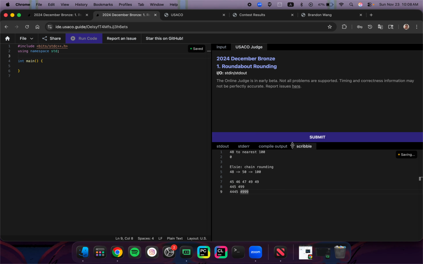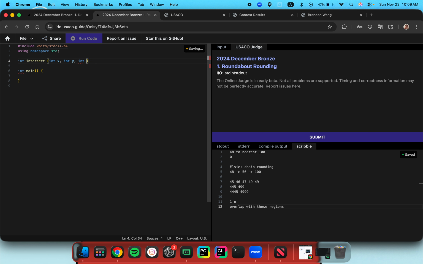So what we want to do is take 1 to n and find the overlap with the regions. Let's begin coding. First, let's create our overlap function, which is int intersect with int x, int y, int a, and int b.